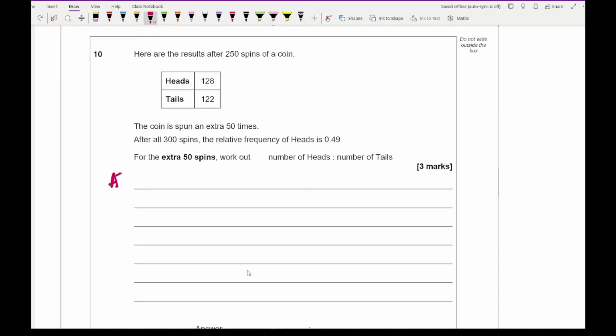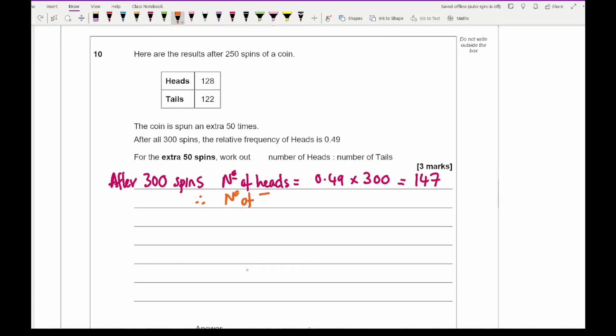So first of all, let's work out after 300 spins, the number of heads is going to equal 0.49 multiplied by 300, which gives me an answer of 147. So that means the number of tails is going to be 300 minus 147, which is 153.